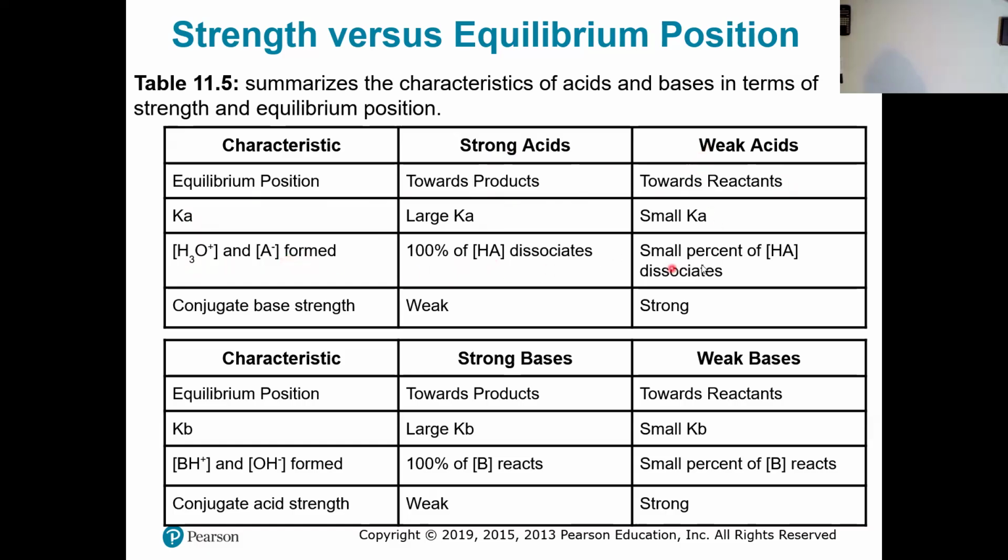For our weak acids, only a small percent of our original acid separates to form those ions. And when we're looking at our conjugate base strength, strong acids have a very weak conjugate base, but weak acids have a very strong conjugate base. Okay? And then you'll see a very similar relationship with the strong bases versus weak bases.